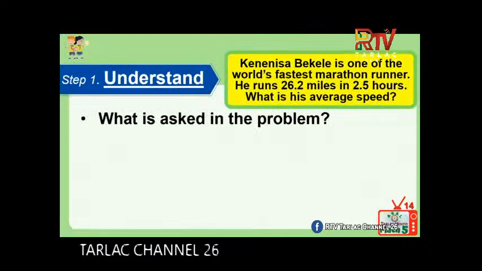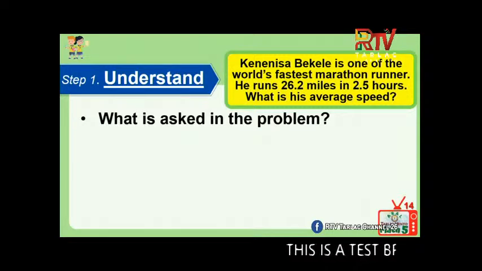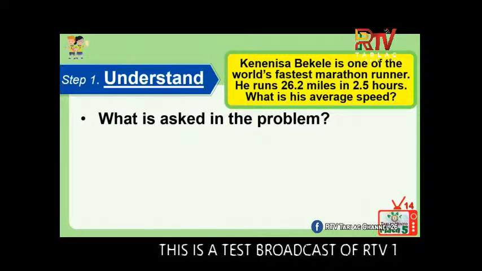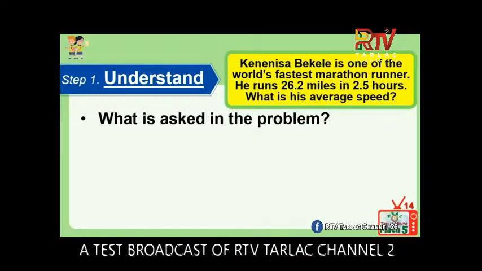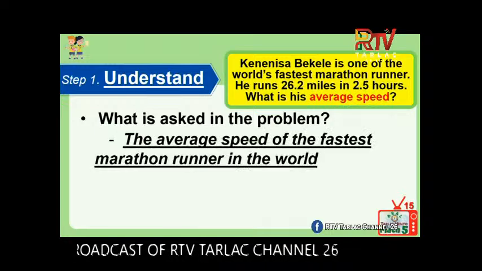Now, let's apply these rules. Let's go back to the first word problem, analyze, and then let's solve. Don't you worry, I will guide you through. Step number 1, understand. What is asked in the problem? That's right.